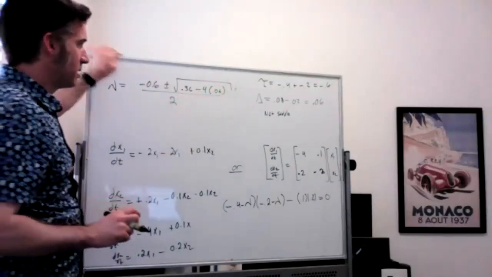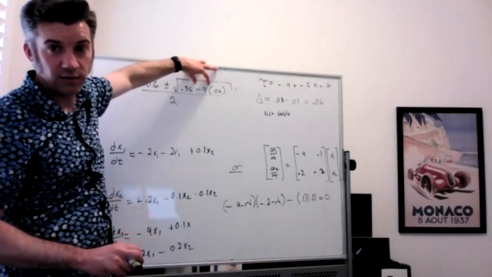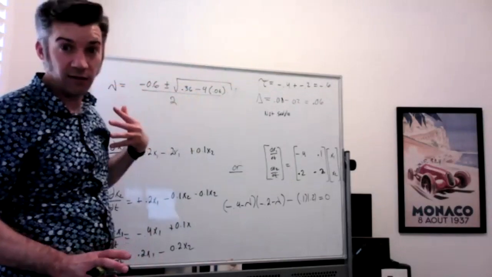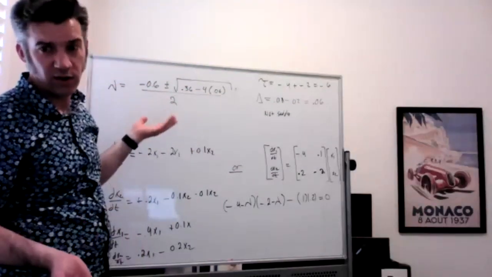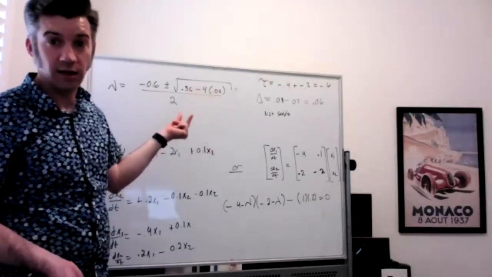So the question is, is this going to give me real or complex eigenvalues? Well, 0.36 minus 4 times 0.06 is positive, it's like 0.12. So that means my eigenvalues will be real because my discriminant is positive.